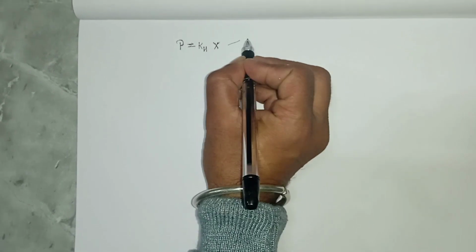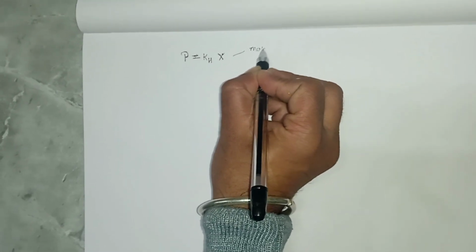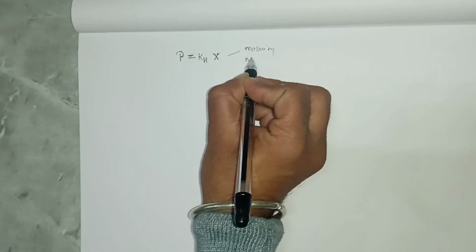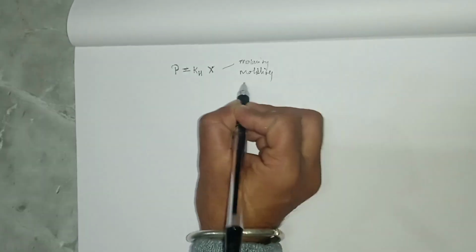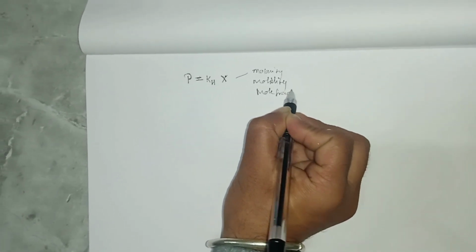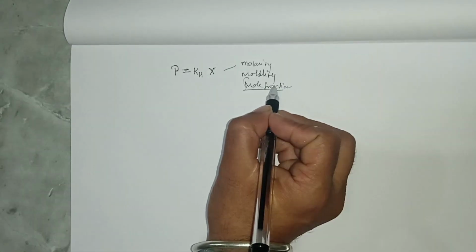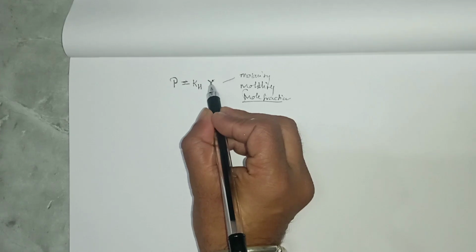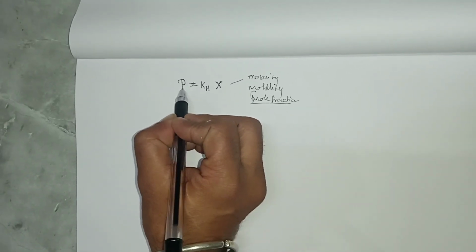When I am talking about concentration, it means molarity or mole fraction. Mole fraction is the easiest concentration, so we can use X for mole fraction here.